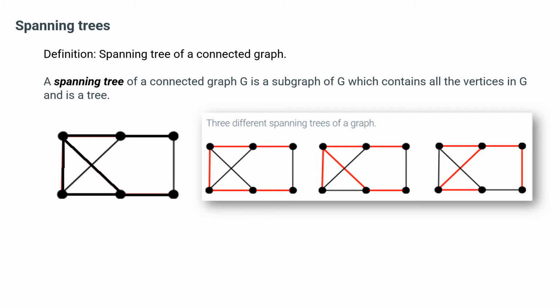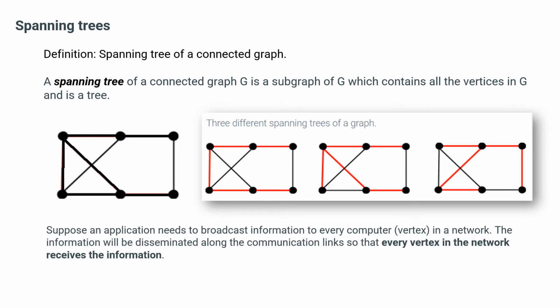So you see that in each case, all of the vertices have been included, and there are no cycles. So what might be an application of this in real life? Well, let's say that we've got a computer network with a bunch of computers, and we need to broadcast information to every computer. Then we could look at this network as an actual graph, and the different communication links between the computers would be represented by edges.